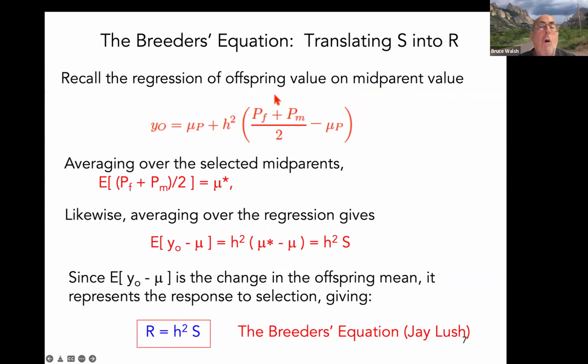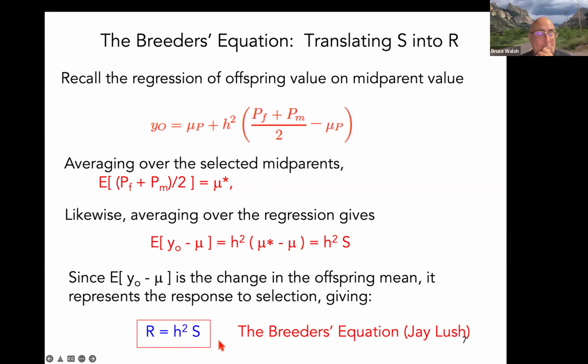So if I average this equation over all the parents, this is simply mu star. That's the mean of the parents. So this is mu star minus mu. That's S. And this is the mean beforehand. That's the mean of the offspring. So that difference is R. So you get R equals h squared times S.